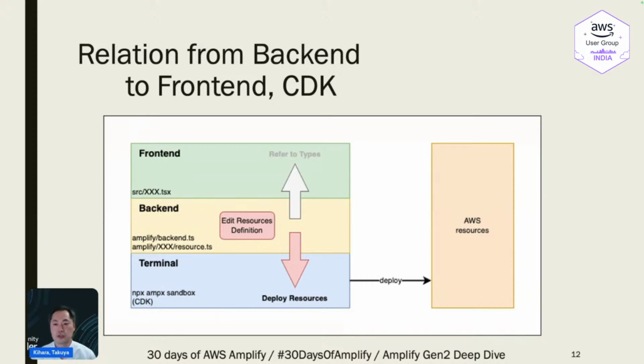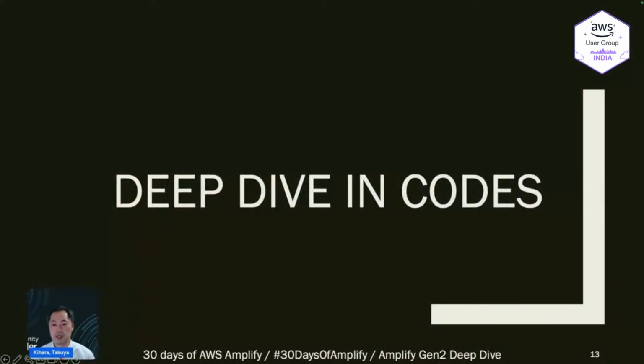This process ensures that the resource definitions in the backend are immediately reflected in both the frontend and the AWS resource. Now, let's look at the code involved in this process.